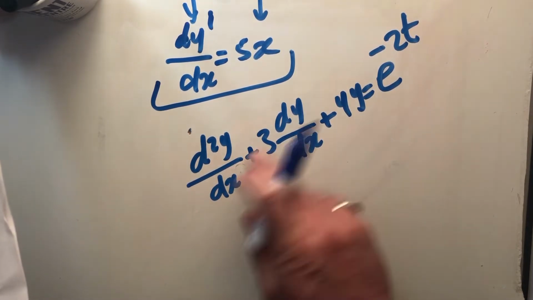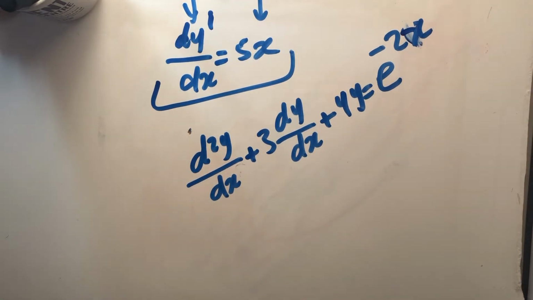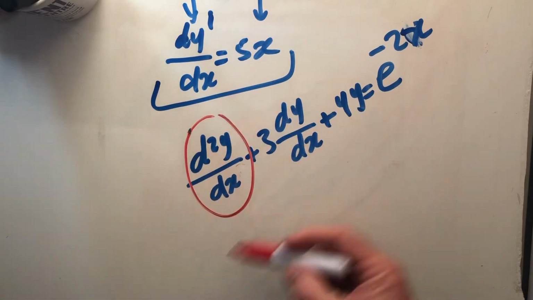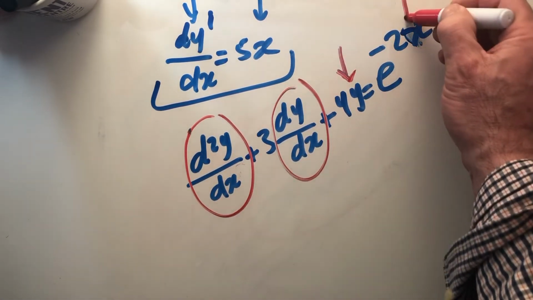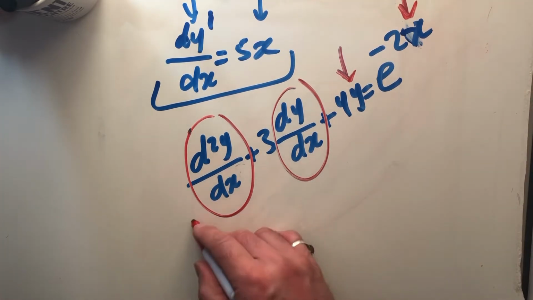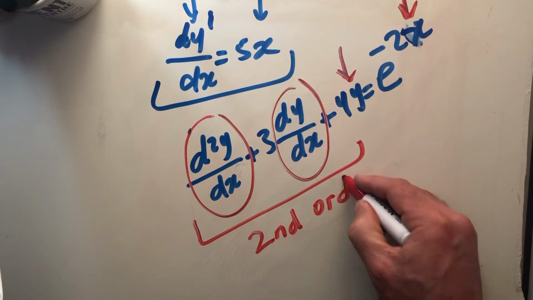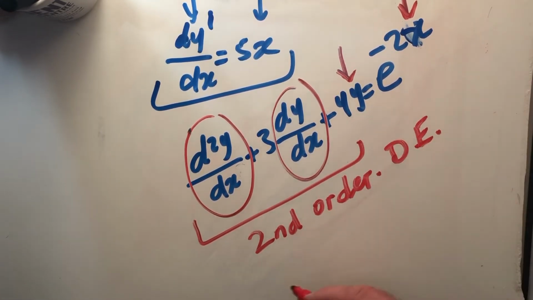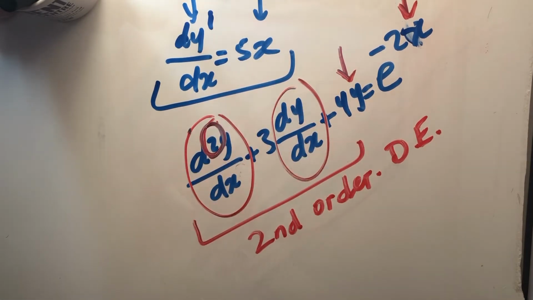Actually, this is 2x. So that is a relationship between a second order derivative, a first order derivative, a y, and an x. So this is called a second order differential equation because the highest order is 2.